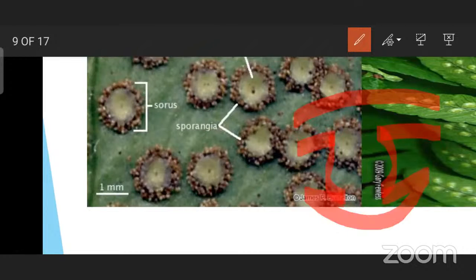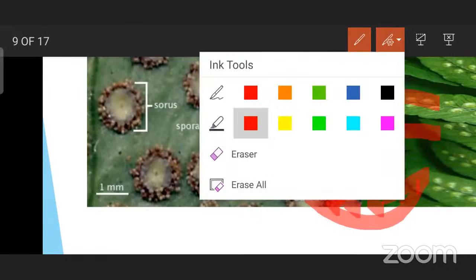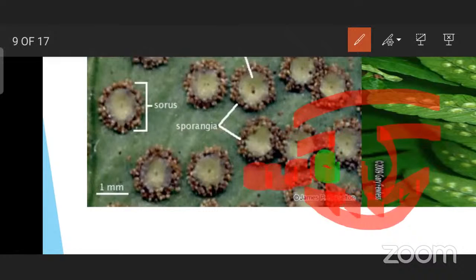This umbrella shape structure is also going to be visible, and here the indusium is present, and inside you will be having this structure. This is the sporangia. Inside this sporangia the spore mother cells are going to produce the spores, and when they rupture they'll be liberated out.